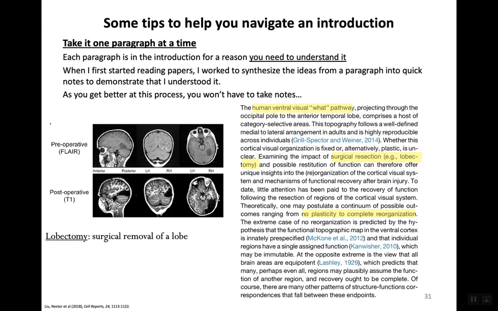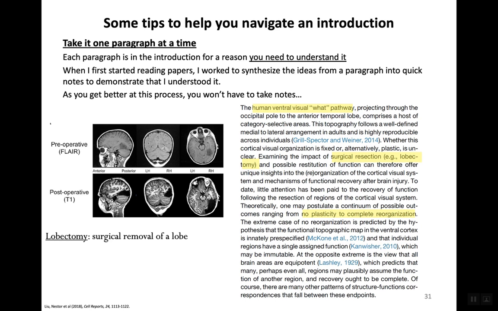What about the other? The opposite extreme is the view that all brain areas are equipotent, which predicts that many, perhaps even all regions may plausibly assume the function of another region and recovery ought to be complete.